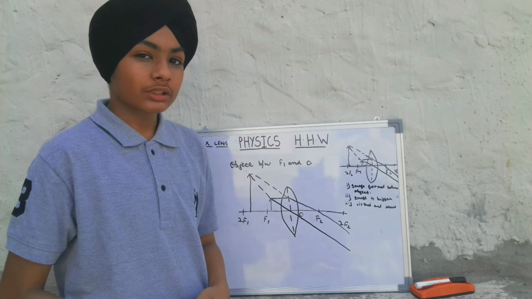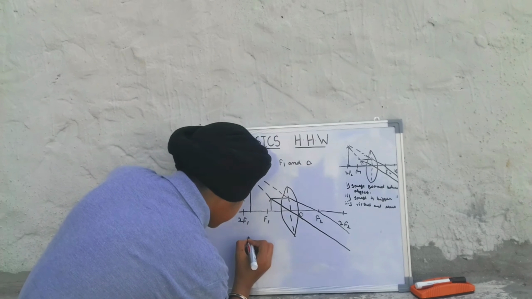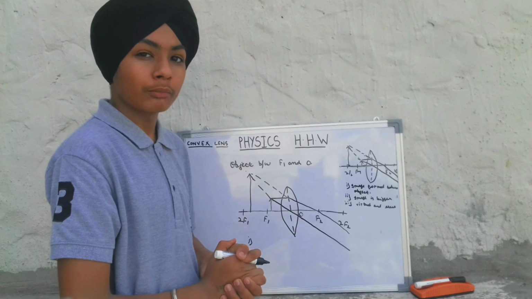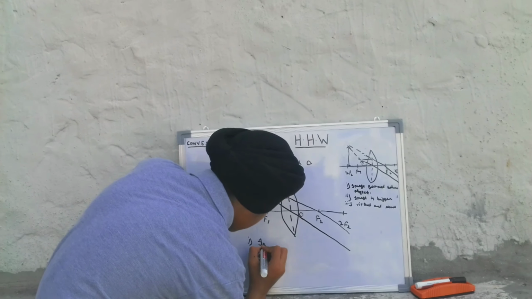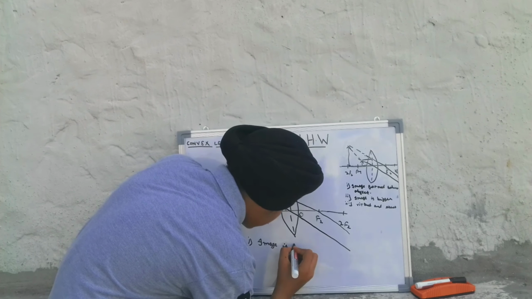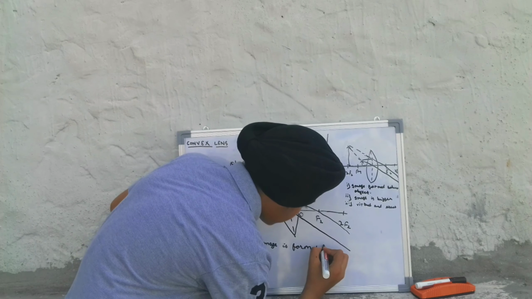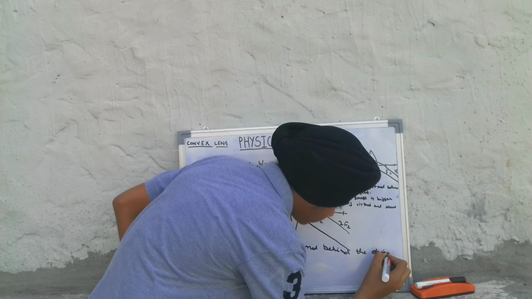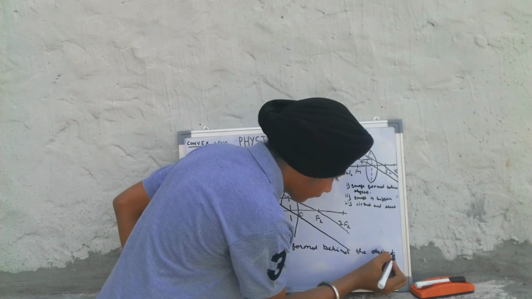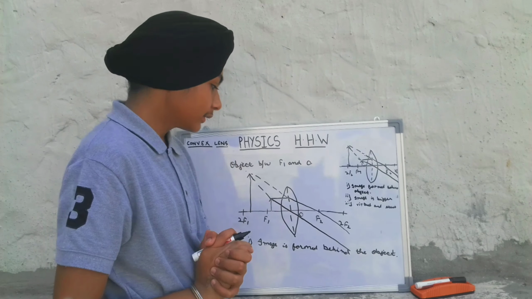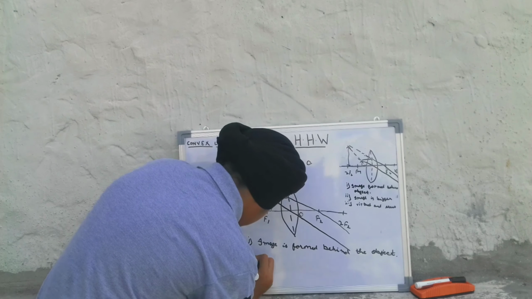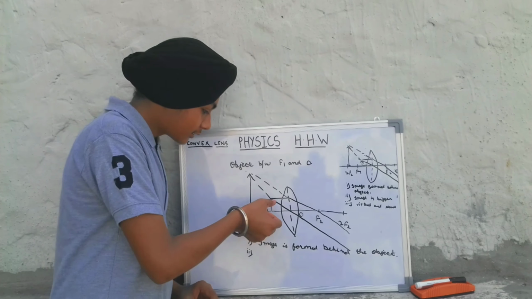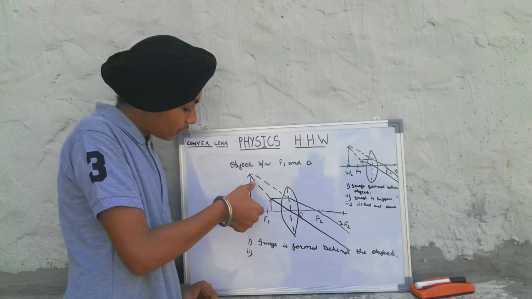So three points about this lens are: first point, the image is formed behind the object. Our second point is the image is bigger than the object. See, here's the size of the object and the size of the image.